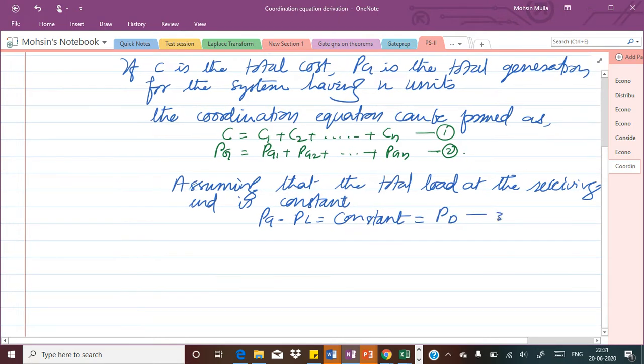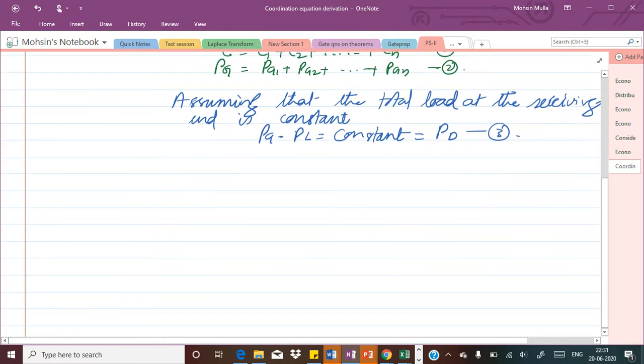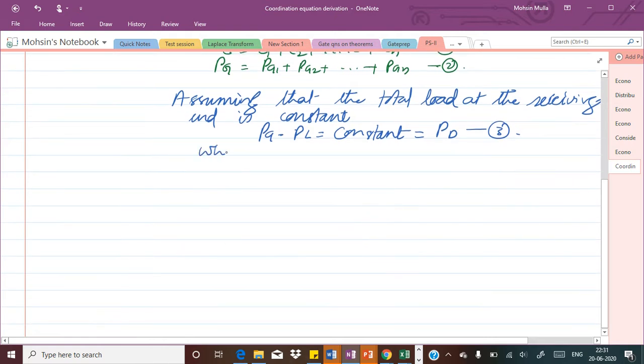That is equation number 3, where PL is the transmission loss. So whatever is generated minus the transmission loss is nothing but the demand.